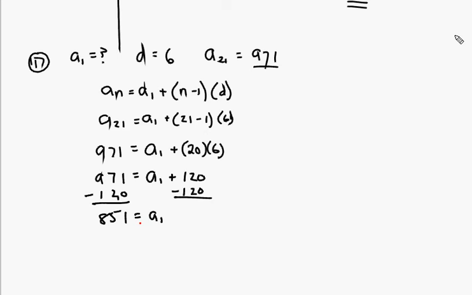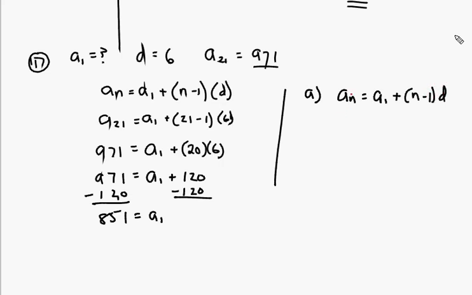Okay. Now it says give the formula for the nth term of this sequence. So looking at the A part now. Well, in general, I have a sub n is equal to a sub 1 plus n minus 1 times the difference.